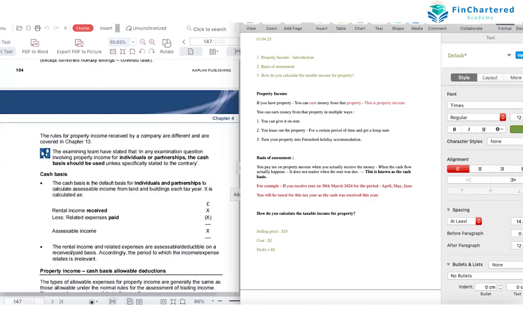This is what, again, I'm going to remove. It's not going to be part of the notes. But this is how you would calculate your income, right? Revenue minus cost is your profit. You will apply the same concept.